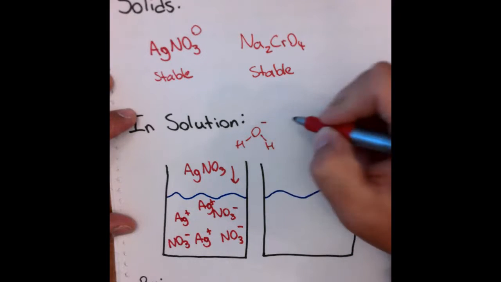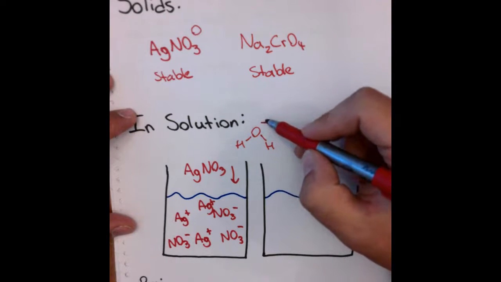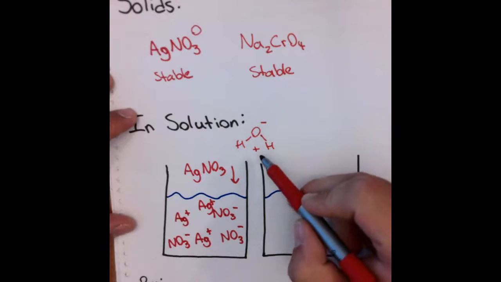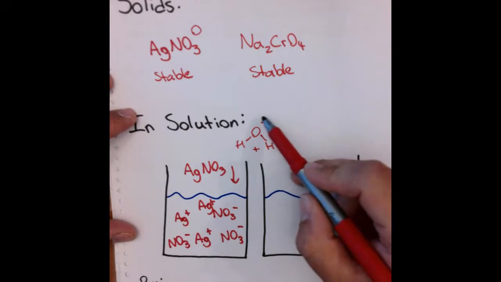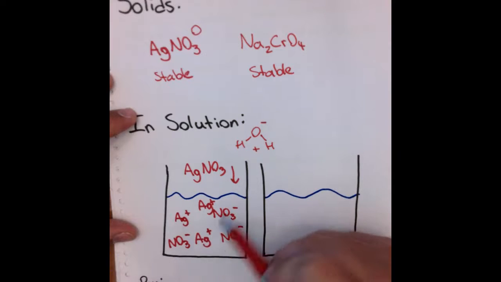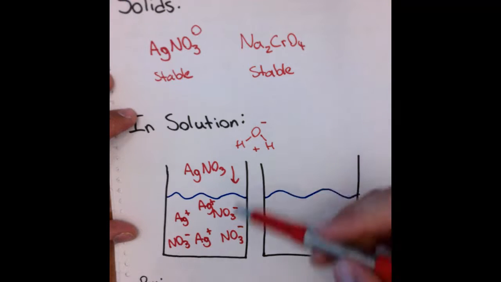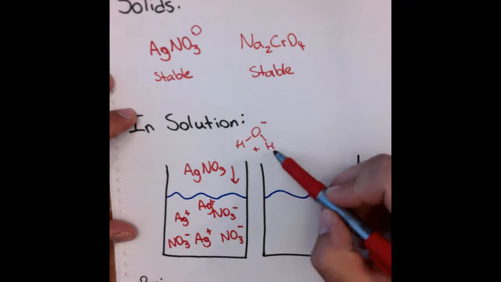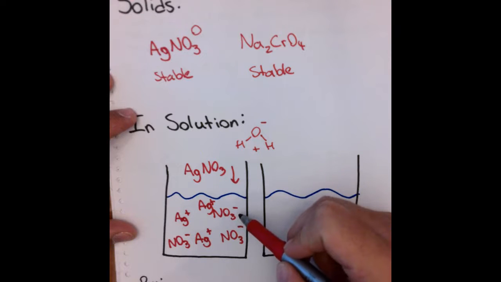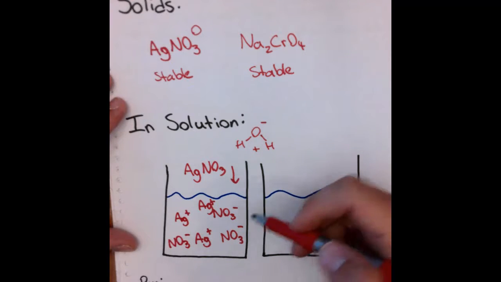And that's going to give it a partially negative charge at this end of the water molecule, and a partially positive charge on the hydrogen side. So this negative charge up here is going to interact with a lot of these Ag+ ions to stabilize them in the solution. And at the same time, the opposite side, this positive charge, is going to react with these NO3- ions.